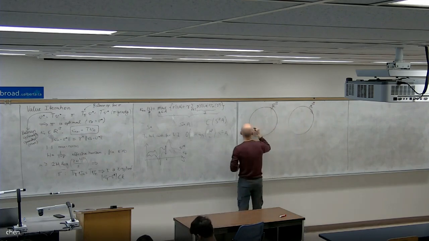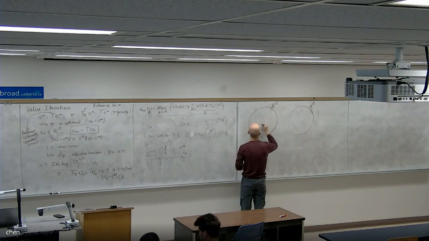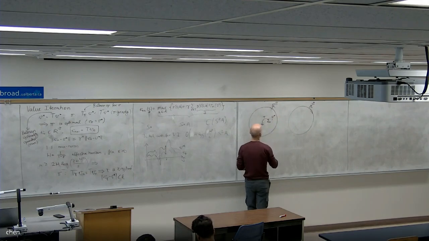And you start at V0, and you take steps with value iteration. So you get the Vn, you apply T, you get Vn plus 1, and somehow you're hoping that it's getting close to V star.